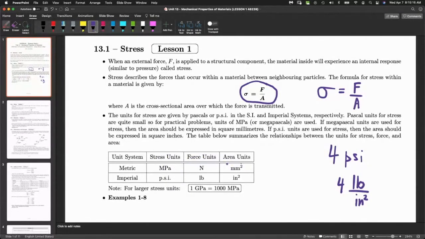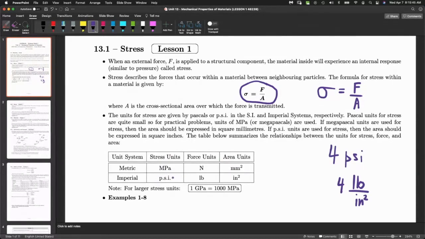The reasoning is that 1 millimeter squared is very small, but if you had 1,000,000 millimeters squared, and you can do this calculation on your own, it is exactly 1 square meter. So that's where this factor mega comes from. Remember, this mega, M here, is literally shorthand for 10 to the 6. So that's a few things to discuss there.